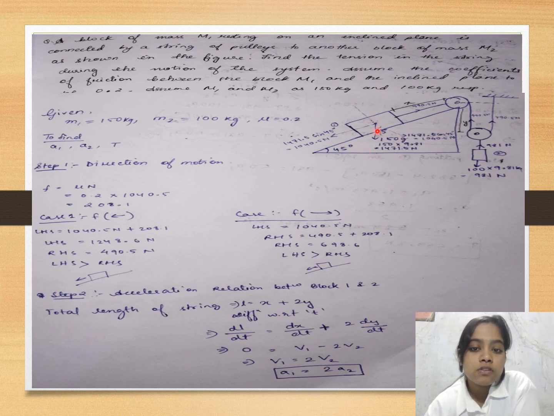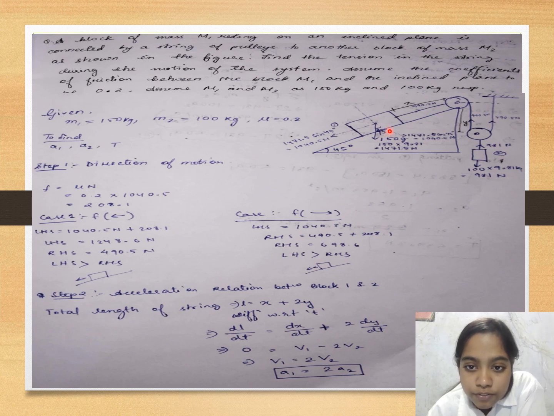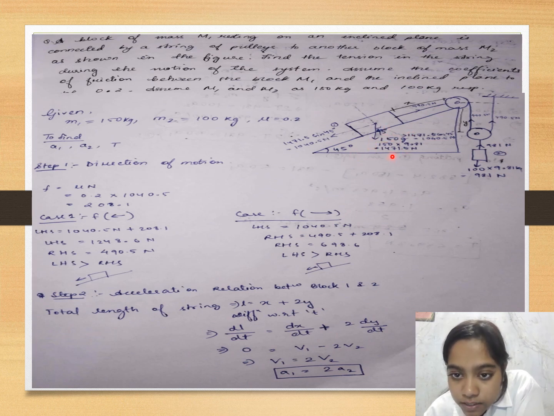Taking both side components, that is 1471.5 sine 45, and the y side components, that is 1471.5 cos 45, as we have this angle as 45 degrees. This one is 45 degrees because the plane is inclined, and by alternate angles this one is 45 degrees.